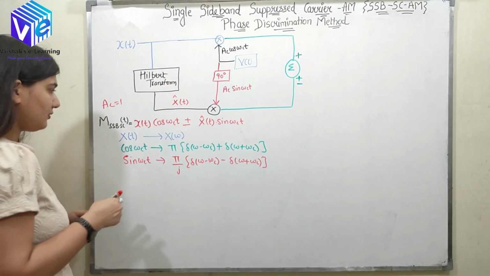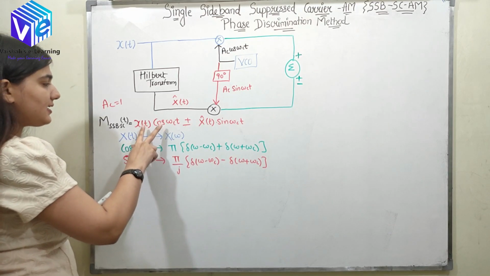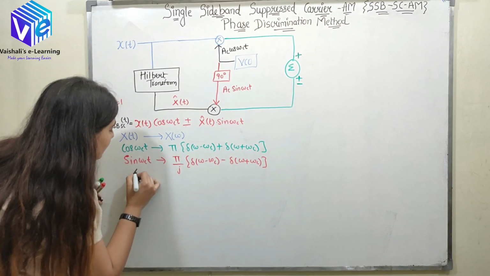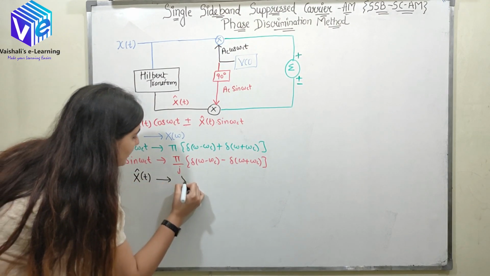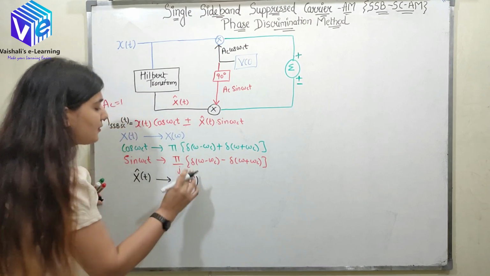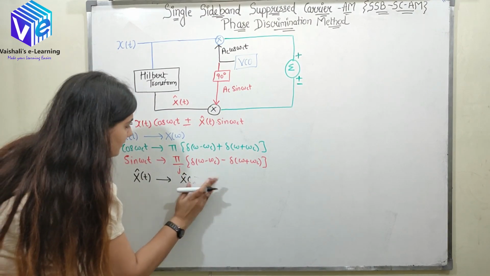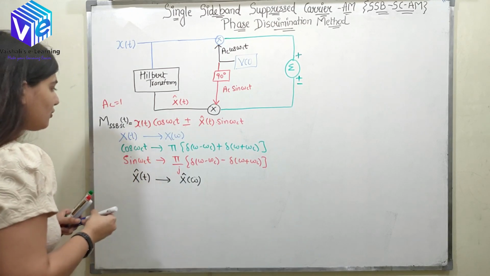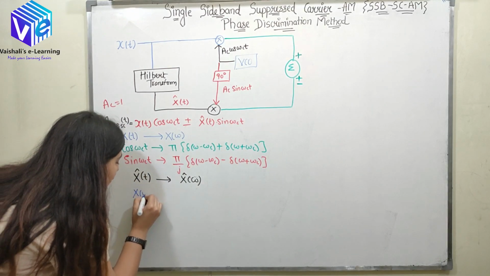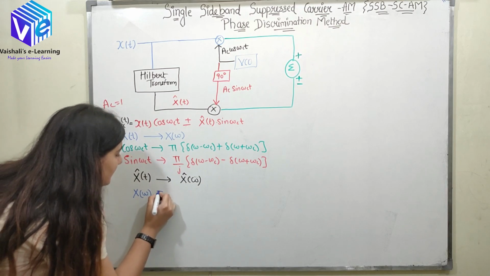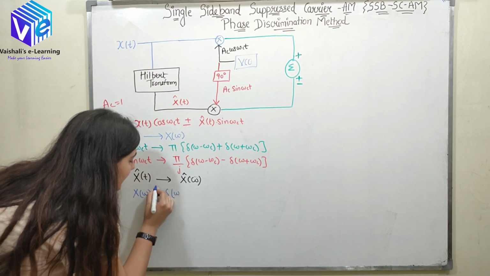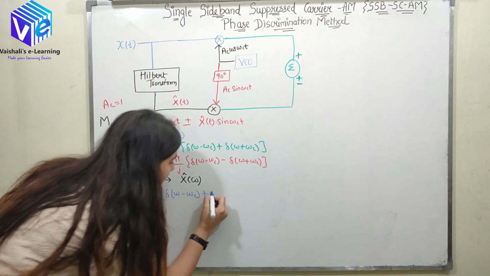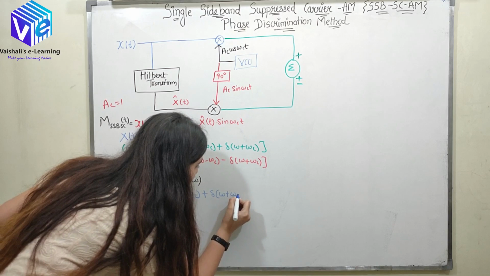So now what is happening? xt is multiplied with cos omega ct. And I am also taking the Fourier transform of x cap t to be X cap of omega. So xt is multiplied by cos omega ct, so X of omega is multiplied with pi times delta of omega minus omega c plus delta of omega plus omega c.